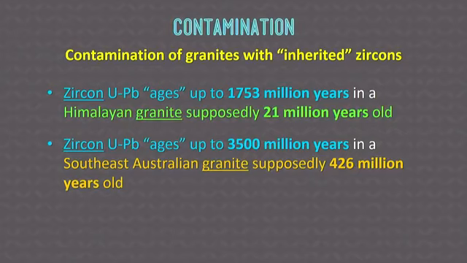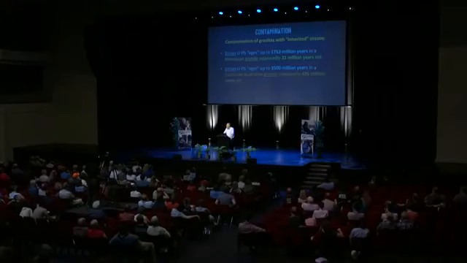That's 3.5 billion years. How could the grains in the rock be so vastly older than the rock itself? And so they say that has to be contamination. Well, hold on. What other contamination is there? It's an arbitrary loophole or escape clause for them to get out from the obvious implications of this.